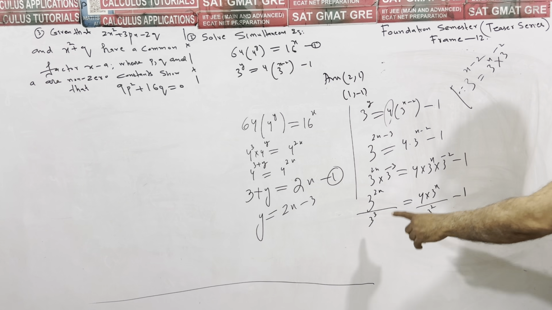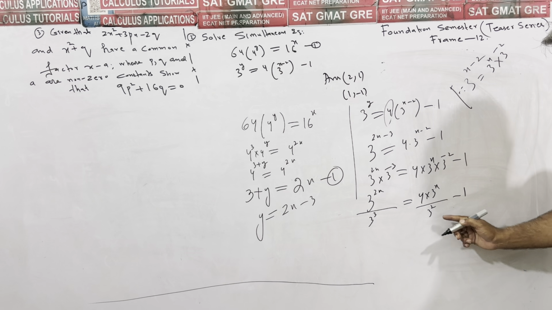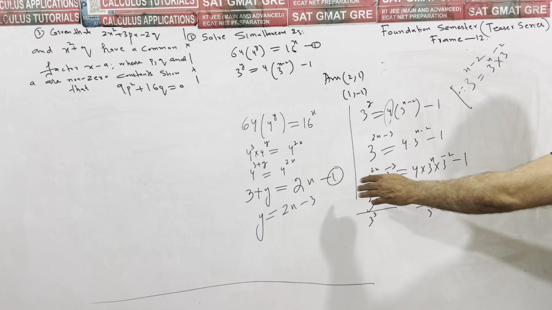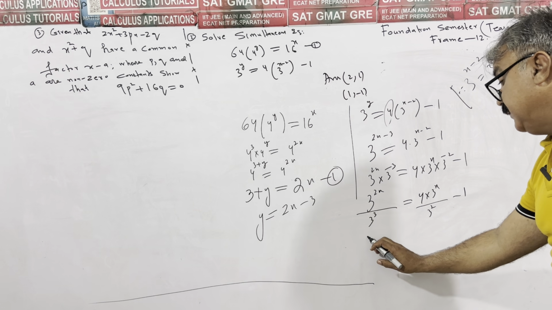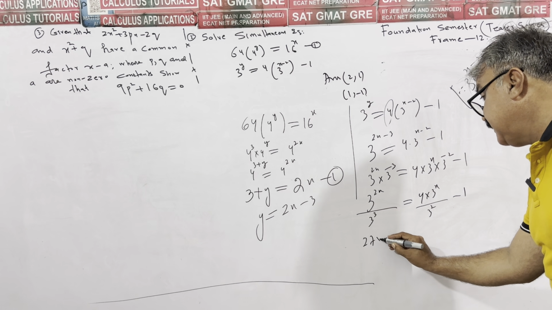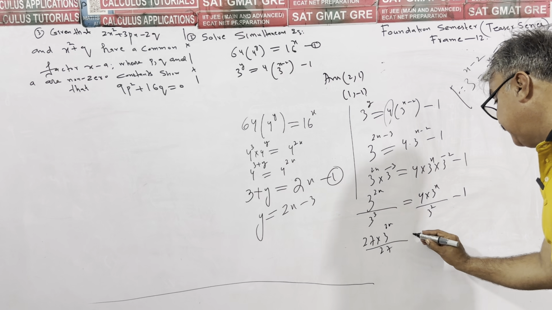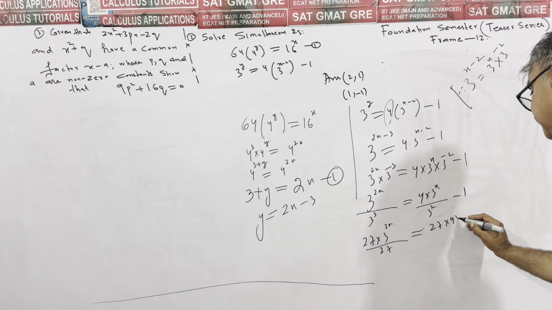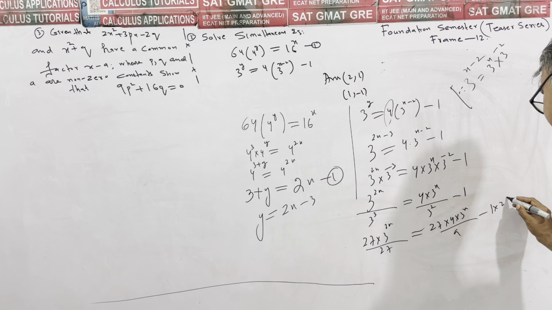Okay, cool. There is 3 cubed, there is 3 squared: 27 and 9. Multiply throughout by 27. There is no more fraction for you. 27 times 3 raised to 2x over 3 cubed, which is also 27, is equal to 4 times 3 raised to x times 3 squared, which is 9, minus 1 into 27.